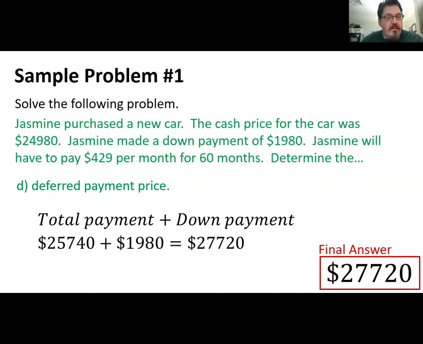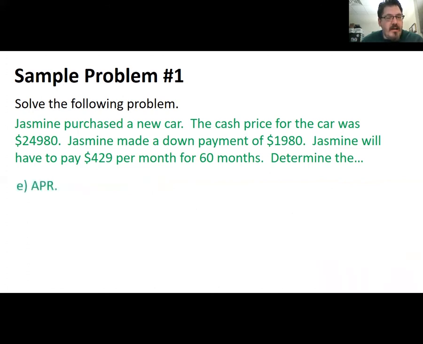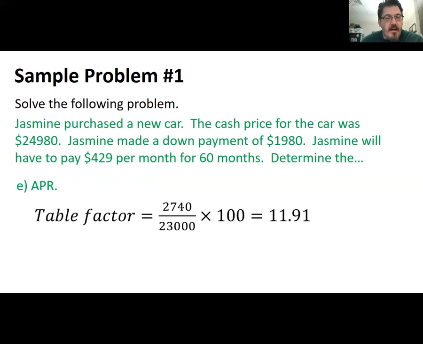The last thing we want to figure out, based on what she financed and what her monthly payment is, is the annual percentage rate. Essentially, what's the interest rate that she got for this particular loan? To do that, we're going to use a table, so we have to figure out what's called the table factor.